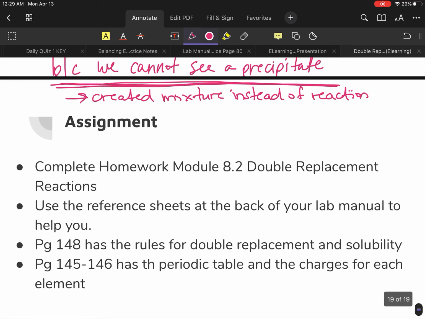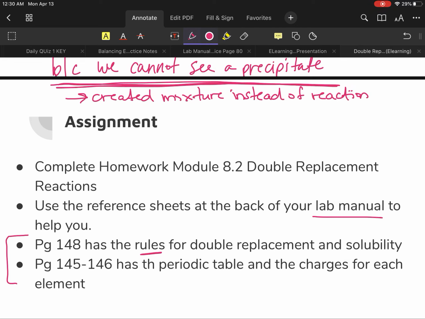Okay, so once you finish watching the video, and taken some notes and worked through some of the practice, you're going to do the homework module on double replacements, and then make sure here are the page numbers that I was talking about earlier. So in your lab manual, you might need to pull out these pages or turn to these pages as you're doing the homework.